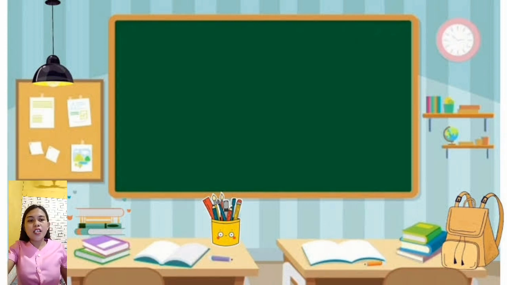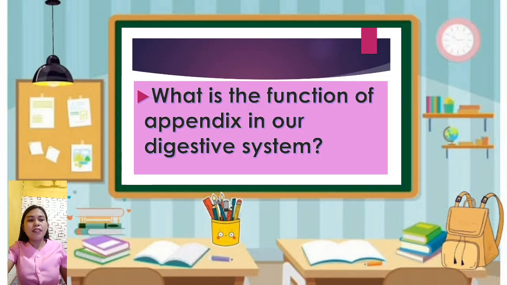Since we already discussed the parts of the digestive system and how it works, the several accessory organs in digestion, and the digestion processes, I have here one enrichment question. What is the function of the appendix in our digestive system? Yes, the appendix is an organ that is credited with very little significance and often removed indiscriminately to avoid complications due to infection.